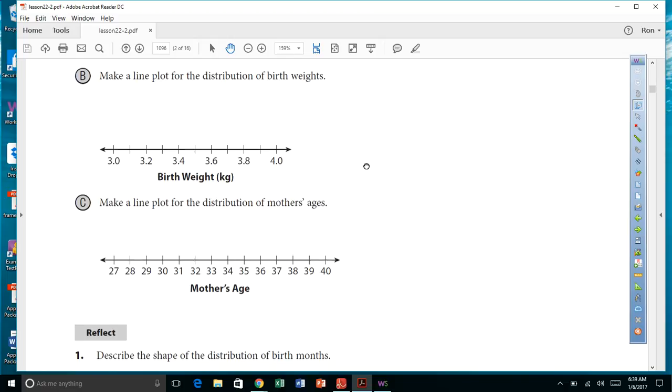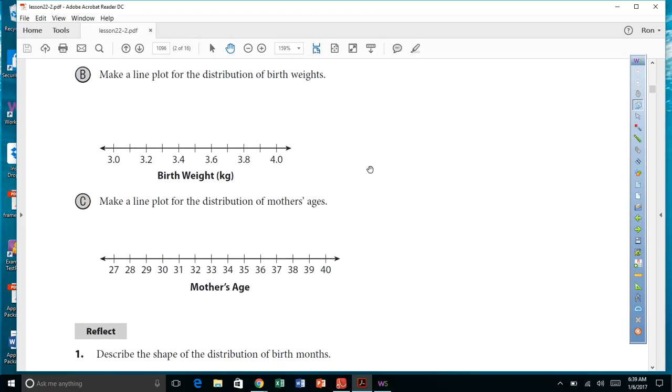Make a line plot for the distribution of birth weights. Now, these weights are in kilograms, and a kilogram is about 2.2 pounds. And we can do it in our calculator.